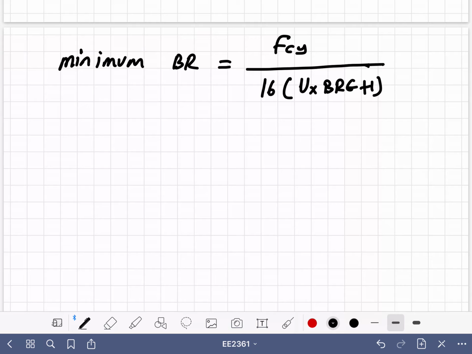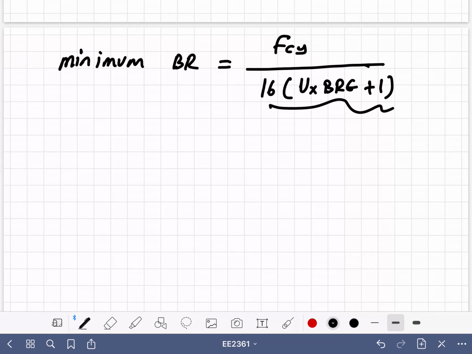Here, the UxBRG, sorry, this is not plus 1. So the UxBRG is a 16-bit register. So the maximum value to have the minimum baud rate, this denominator has to be the maximum, right?